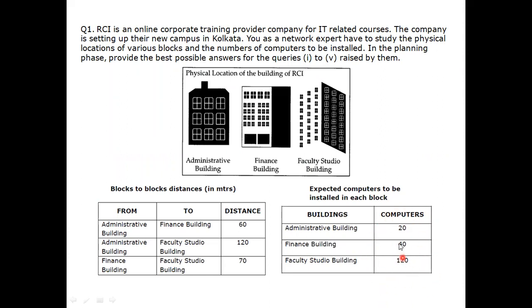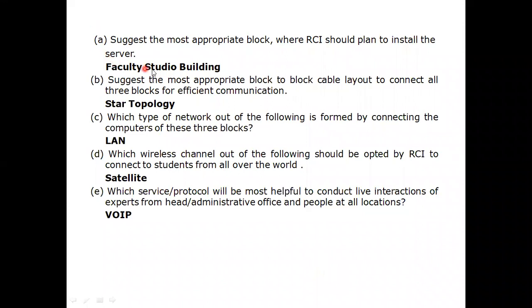Just see, the maximum number of computers is 120 and that is at the faculty studio building. So the answer here is the faculty studio building. Always install the server at a place where the maximum number of computers are.